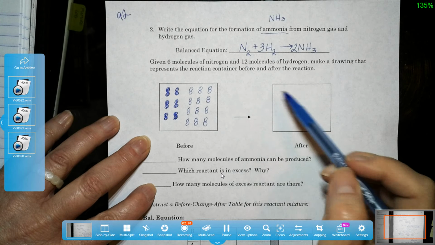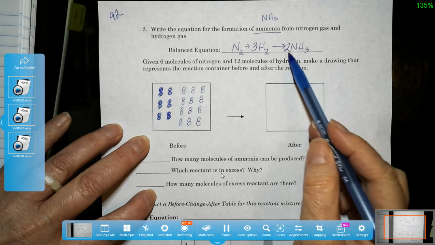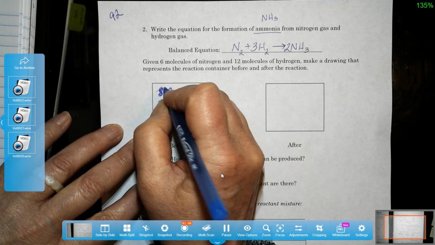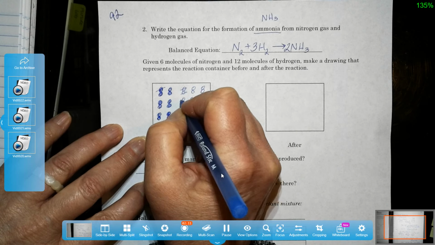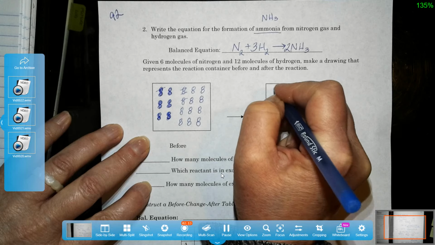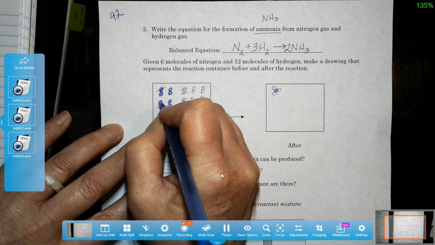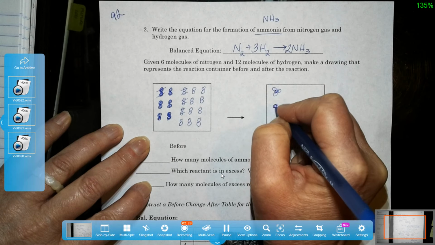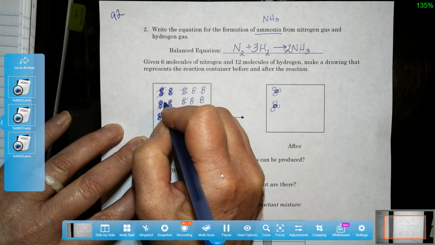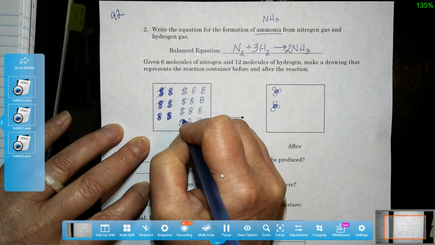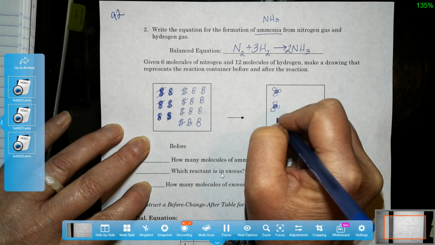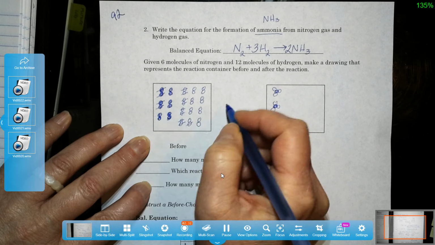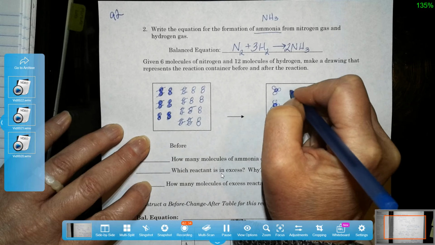And we want to figure out how much product we can make, and we're going to be making NH3, so that means 1 nitrogen and 3 hydrogens. Okay, 1 nitrogen, 3 hydrogens. 1 nitrogen, 3 hydrogens. And another nitrogen, 3 hydrogens.